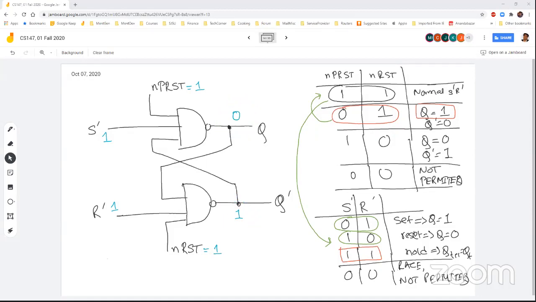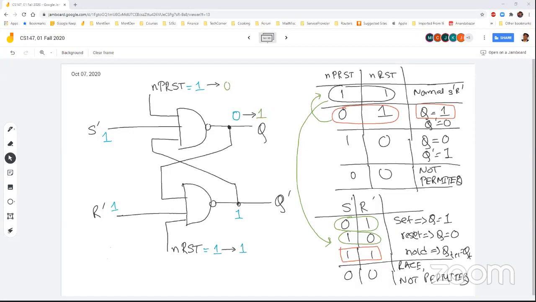Now from that point, let's say we have moved to this is 0, and let's keep this guy as it is, 1. What it will do to the Q value, it will basically move this guy's logic to 1.